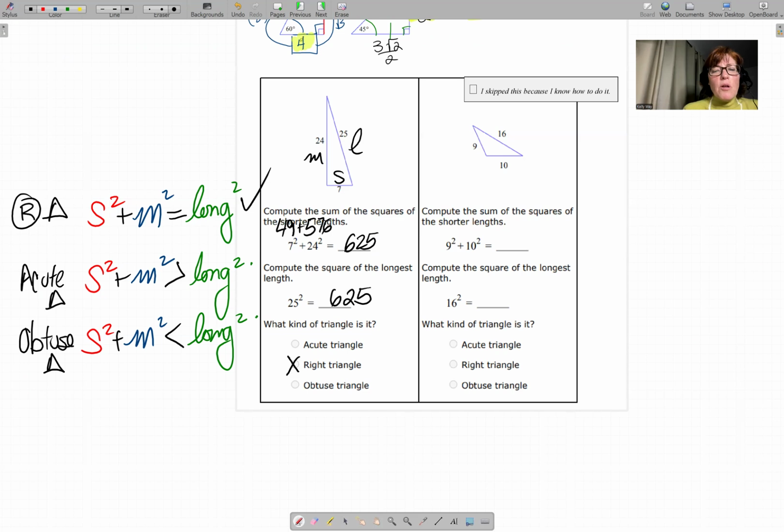That makes this a right triangle. 9 squared is 81. 10 squared is 100. So we got 181. 16 squared is 256. So we have this situation where the short squared plus the medium squared is less than the longest side squared. Therefore, it is an obtuse triangle.